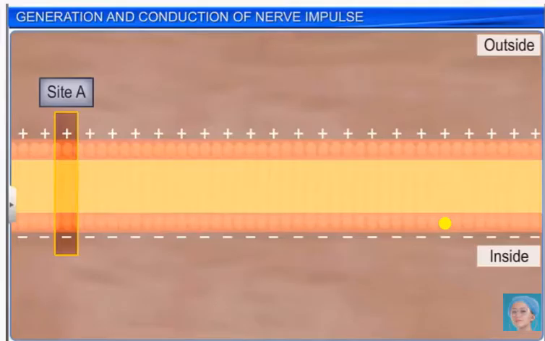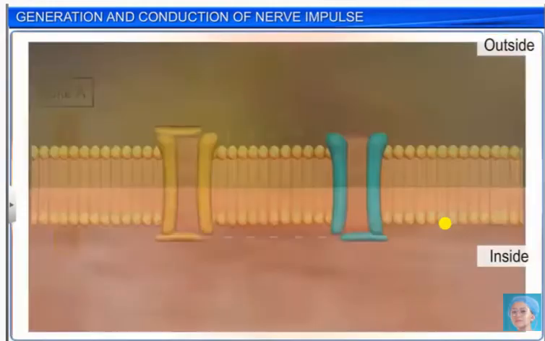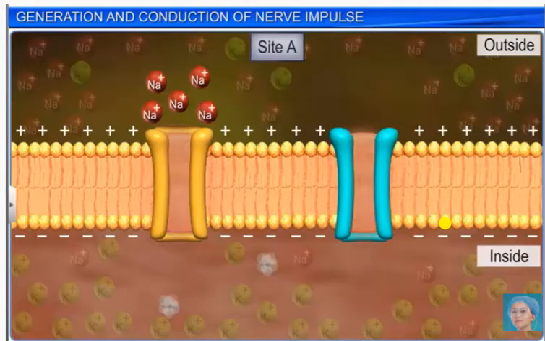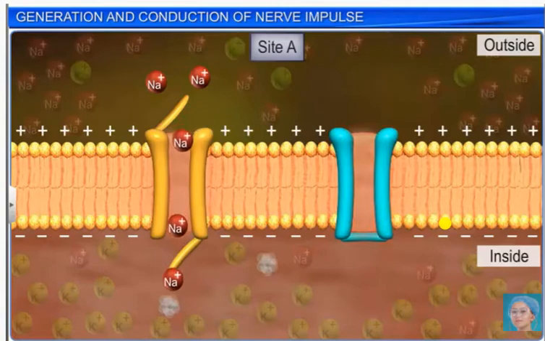When a stimulus is applied to a site, say A, on the polarized membrane, the sodium ion channels open and the membrane at this site becomes freely permeable to sodium ions.